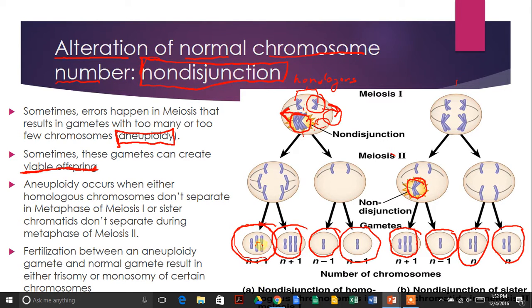So they'll have 3 of this chromosome instead of 2. That's what's called trisomy. However, if a normal gamete gets fertilized by one that has one too few chromosomes, then the resulting individual will be missing a chromosome, only have 1 copy of that chromosome, and will have monosomy.